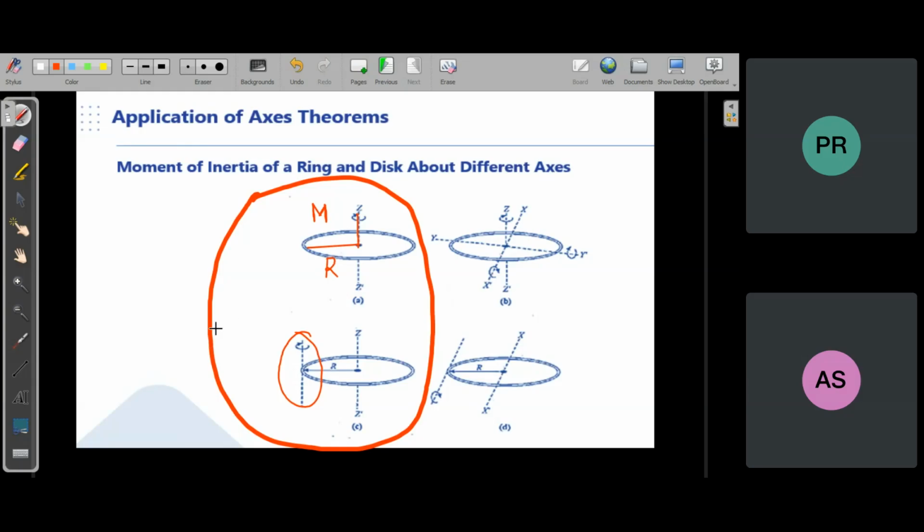It is very simple. You can do it using parallel axis theorem. Why do you have to use parallel axis theorem? Because you can clearly see that the two axes are parallel. The axis which is passing through center of mass and the axis about which you have to find moment of inertia are parallel. So it will be better to use parallel axis theorem.